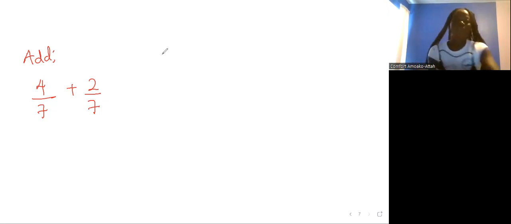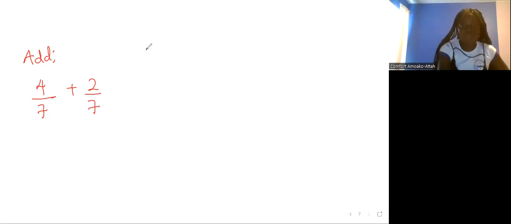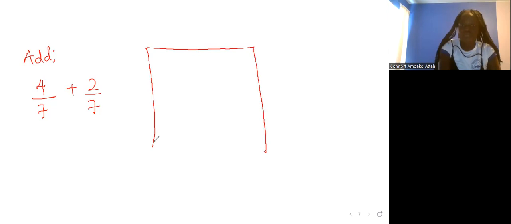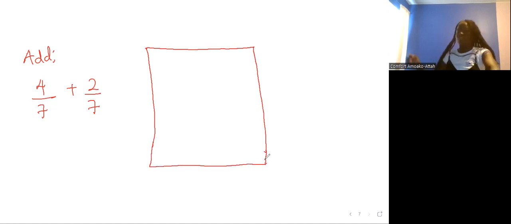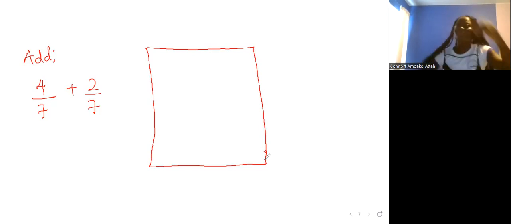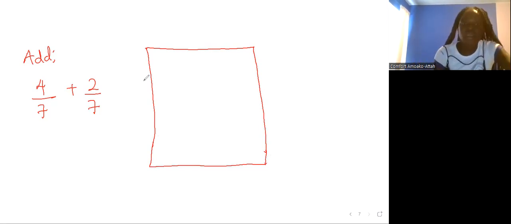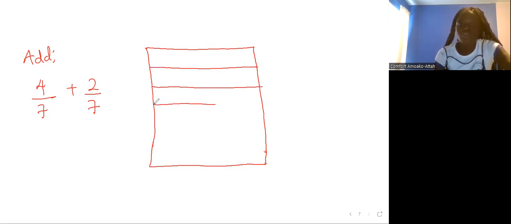Okay, so it's like this. Let's say this is a strip of paper, or a square sheet of paper. Then we first divided it into 7 equal parts horizontally. 1, 2, 3, 4, 5.